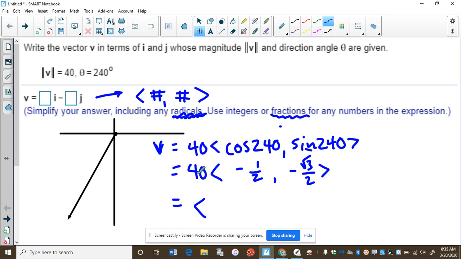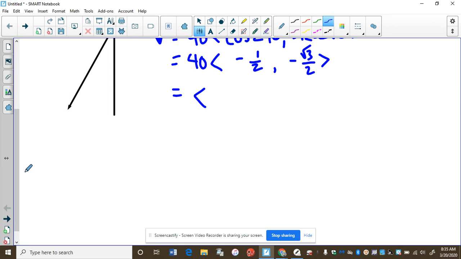So when I do 40, and I'm going to do this the long way just so that there's no confusion, when I multiply an integer value, a non-fraction, times a fraction, I multiply it times the top of that fraction. So this is 40 times negative 1 over 2. And this is 40 that's going to slide into the top here as well. So we have 40 radical 3 over 2, like so.